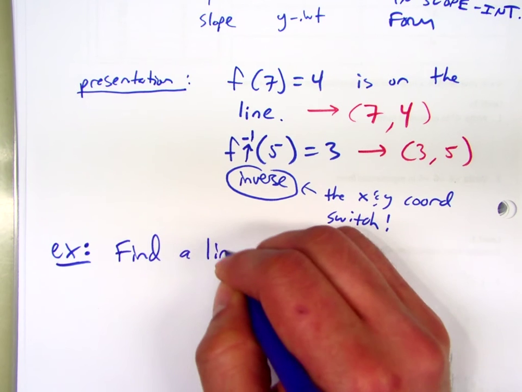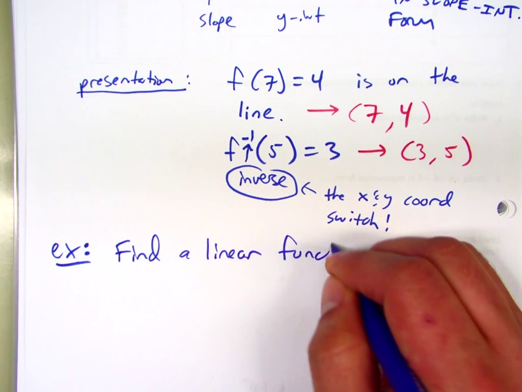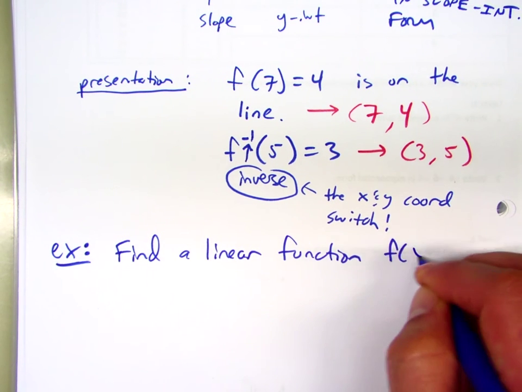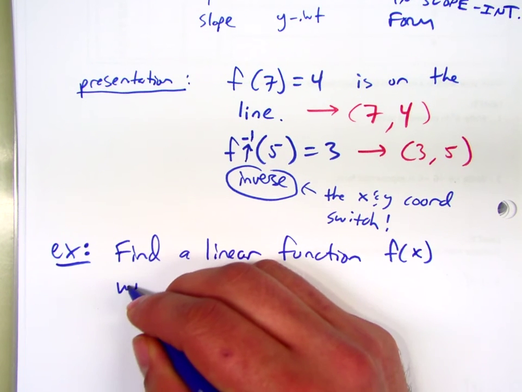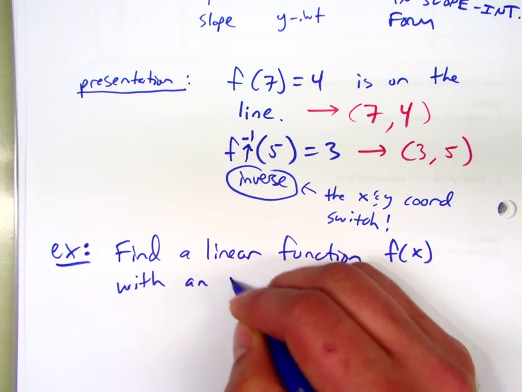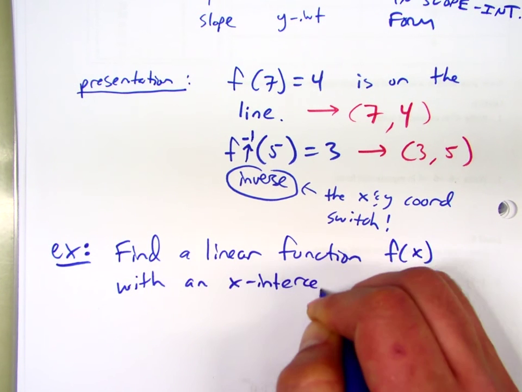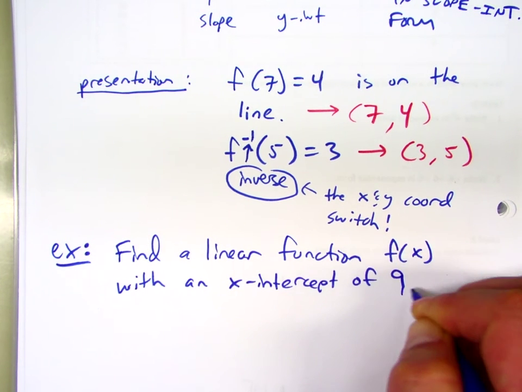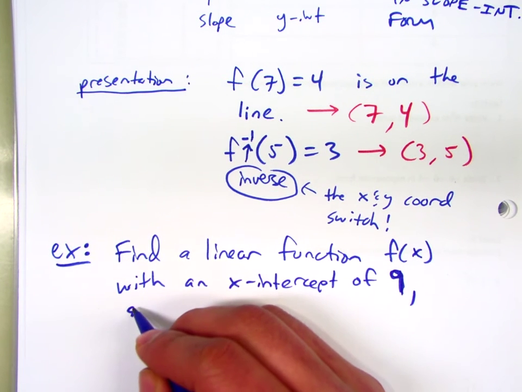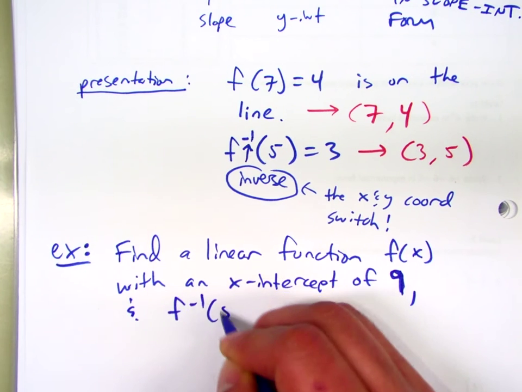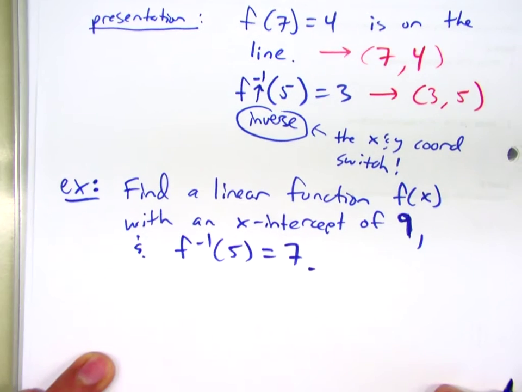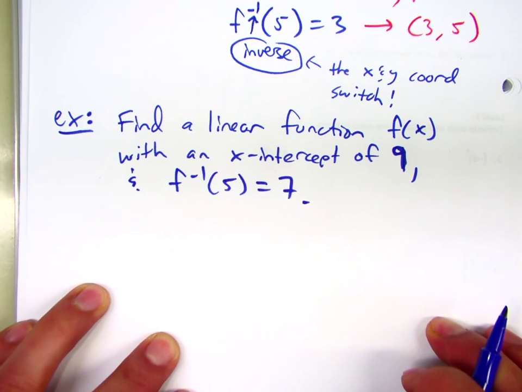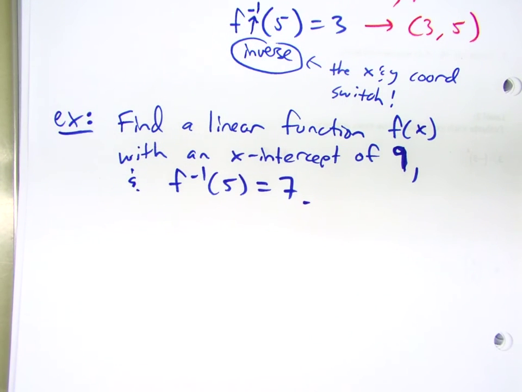Find a linear function f of x with an x-intercept of 9 and the inverse at 5 is 7. So what would that look like? Take a minute and work through that.